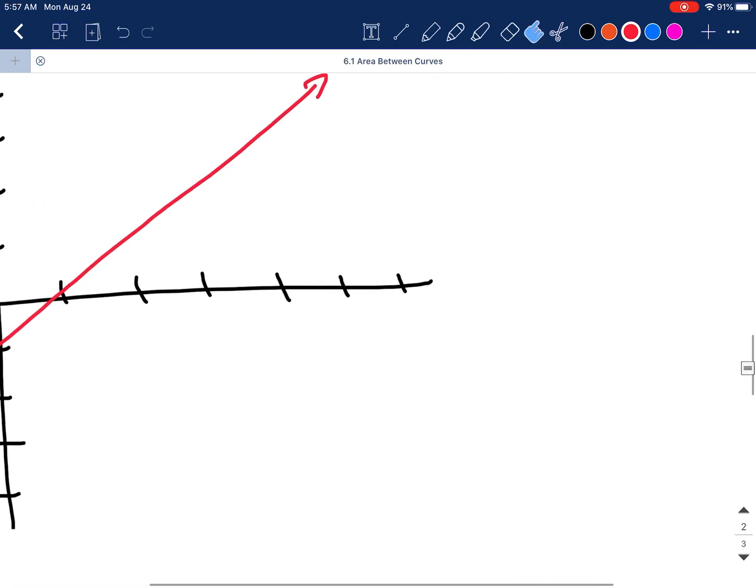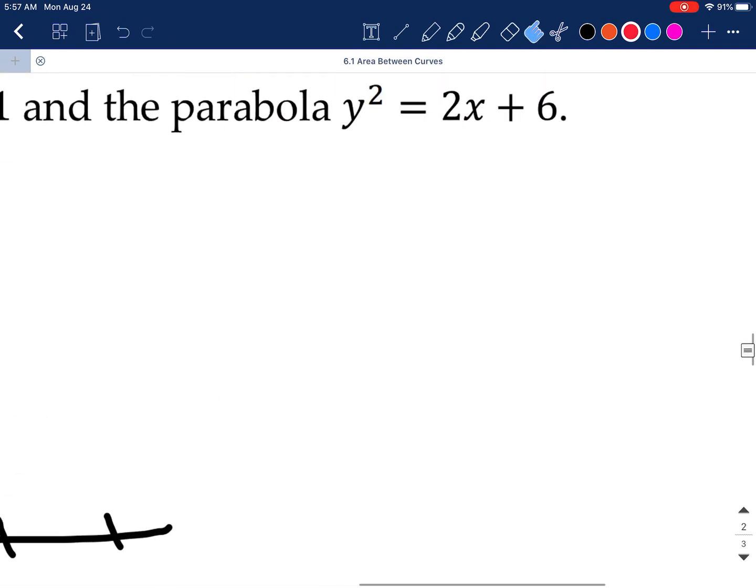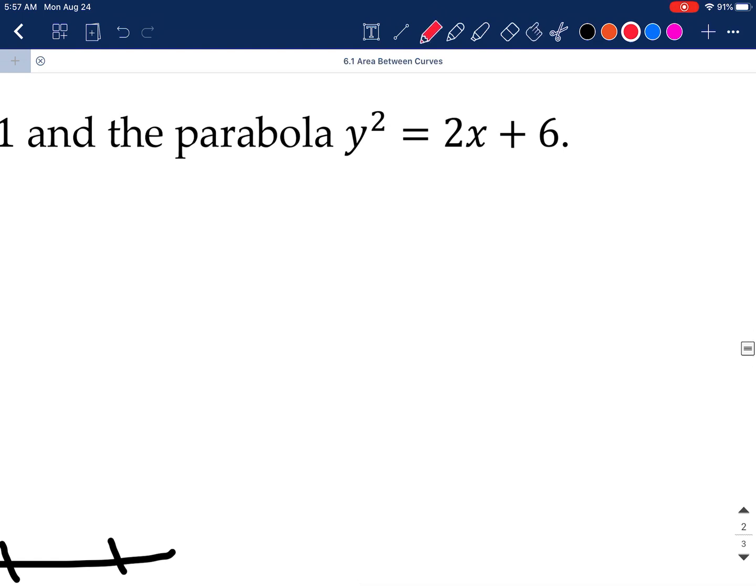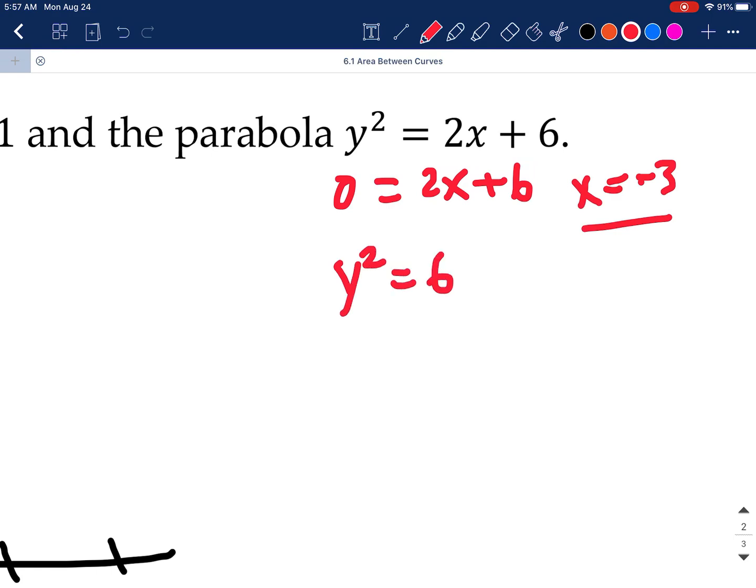And we can do the same thing for our parabola, right? Graph it by intercepts. So if y is 0, x is -3. And then if x is 0, y is going to be plus or minus rad 6.